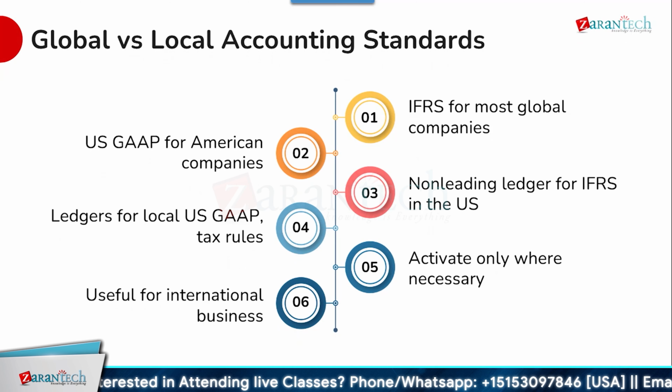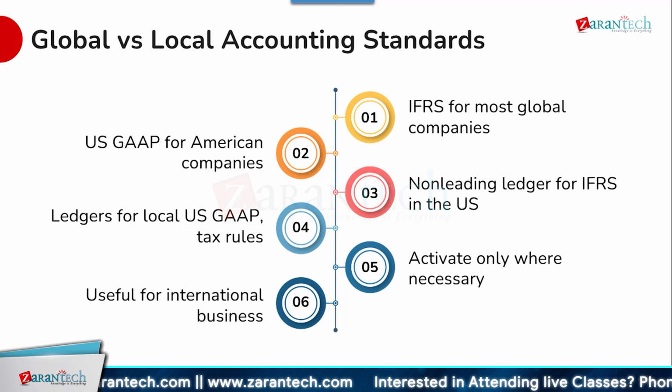Now, in today's global market, companies must navigate the differences between global and local accounting standards. For instance, most global companies follow IFRS, or International Financial Reporting Standards, while US GAAP is the standard for American companies. But what happens when an American company has to report under both?